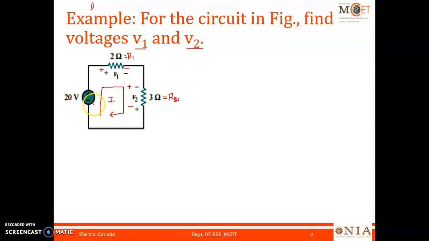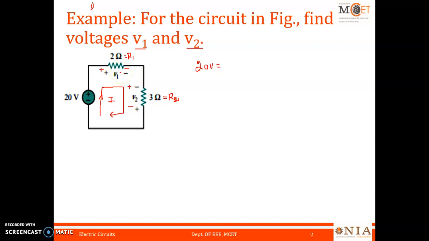Here there is only one rise, because the conduction path moves from negative potential to positive potential, I mean lowest potential to highest potential. So there is only one rise, that is the 20 volt voltage source, which equals the voltage drops.